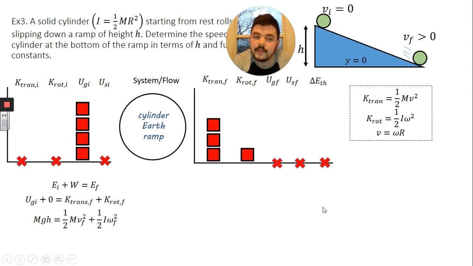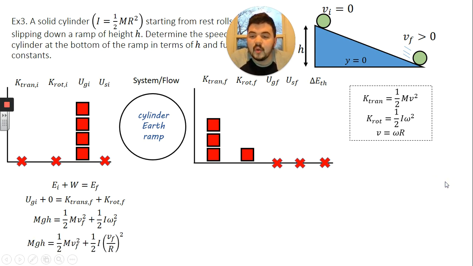So far, not that much more difficult than the previous example with the box. It's just adding in another term because it's rotating. Now the tricky algebra comes in. So bear with me. We first use our relationship between linear and angular speed to replace omega with v divided by r.